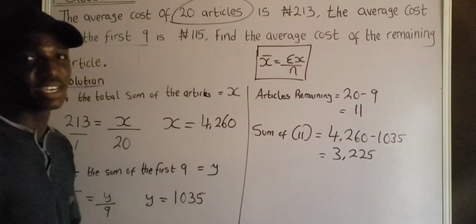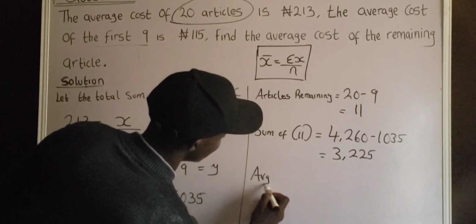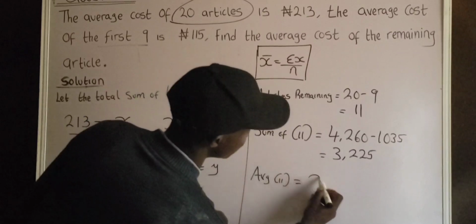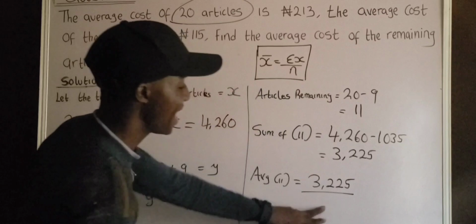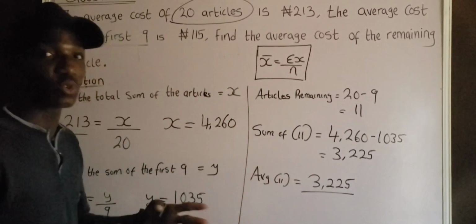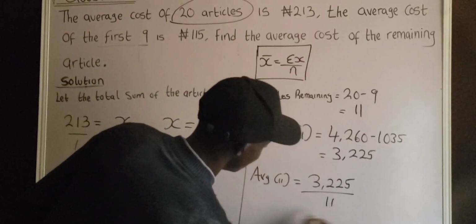Now we have gotten the sum. We can proceed to find the average cost now. So the average of the 11 articles is equal to what? The sum, which is 3,225 all over n. N is what? The 11 articles, because we are looking for the average of the remaining 11 articles. So I'm going to have 11 in this place.